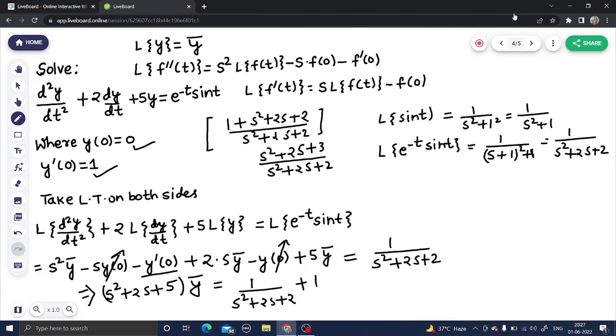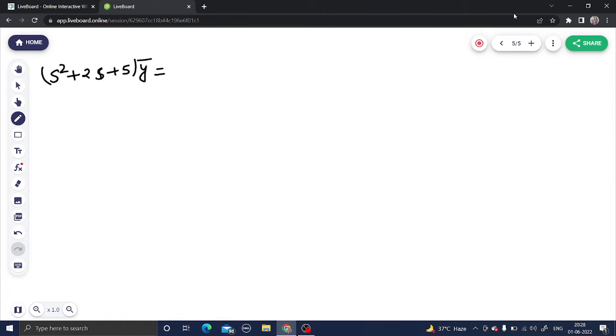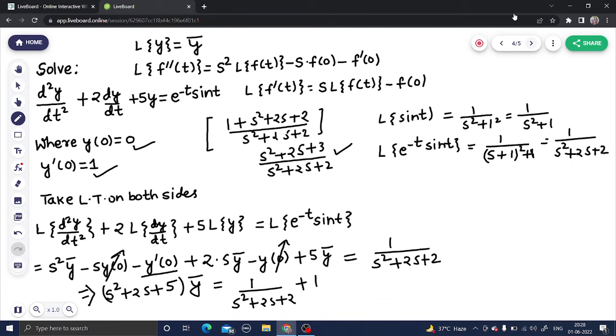So that was giving me, with simplification, I am writing the simplified part now. This plus this is your simplified portion only. So I will write s square plus 2s plus 3 in numerator divided by s square plus 2s plus 2 in denominator.